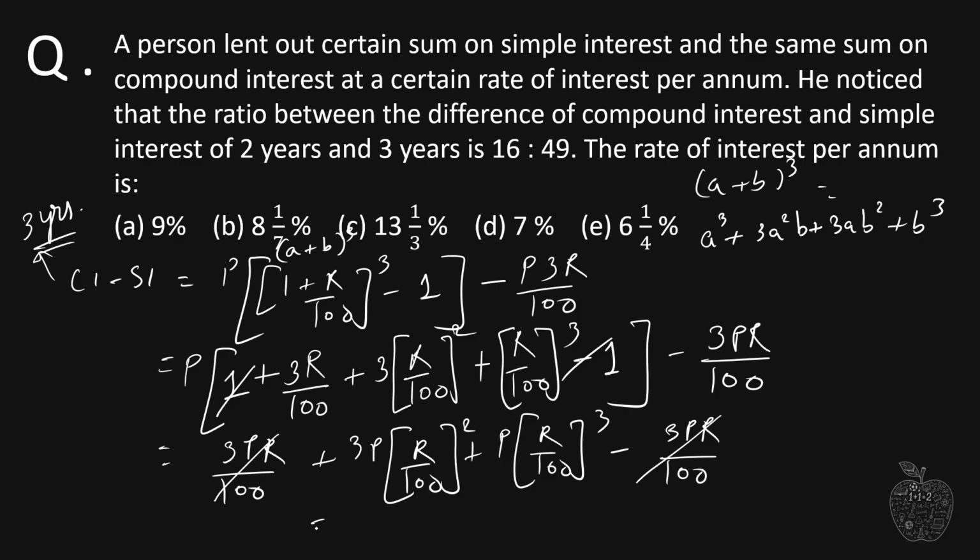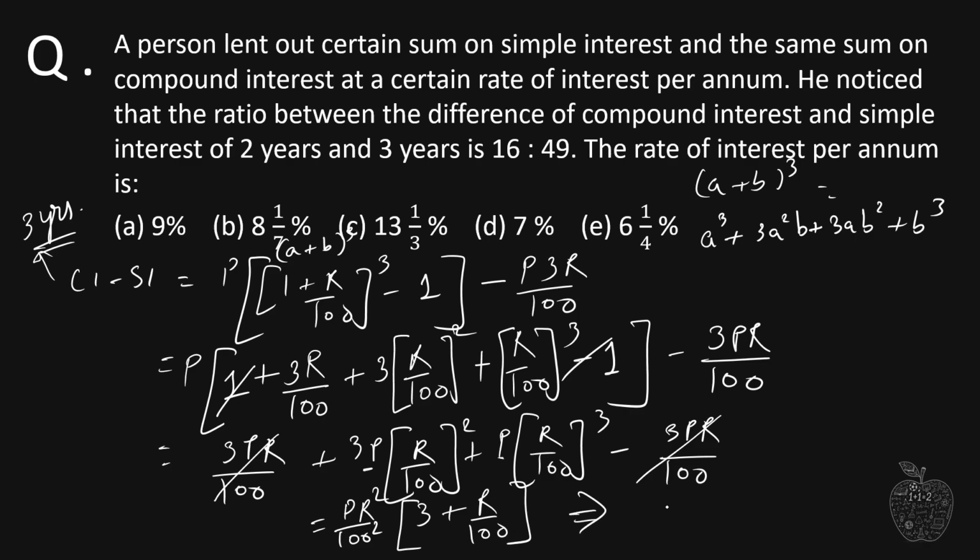So let's simplify it further. What can we take as common? We can take P as common, we can take R square as common, and we can take 100 square common as well. So let's take that, PR square over 100 square, and what are we left with? We are left with 3 plus R over 100.